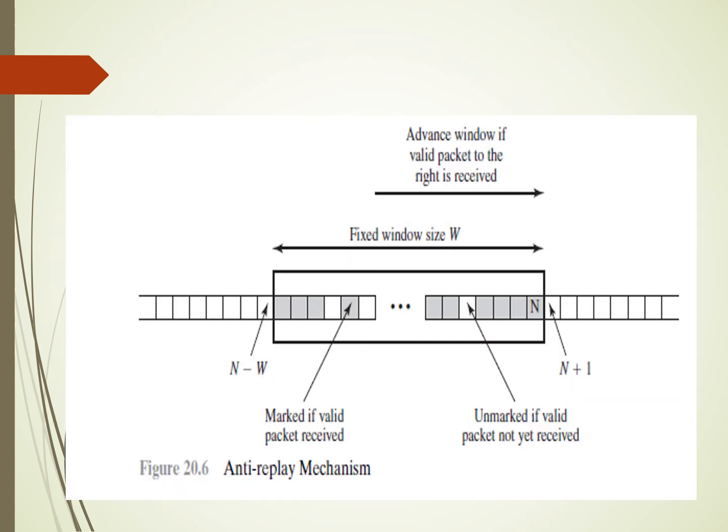Now we'll understand in detail the anti-replay window. This is the advanced window of valid packets to be received by the receiver. The fixed window size, which I said is W, runs from this data packet to this data packet.